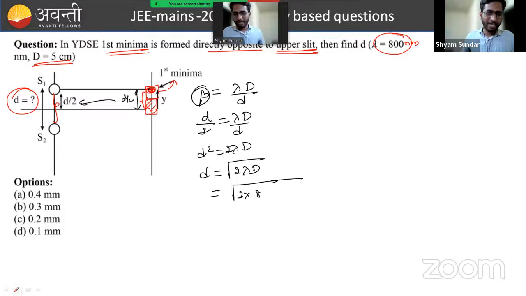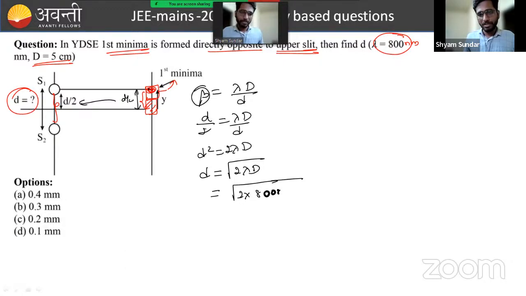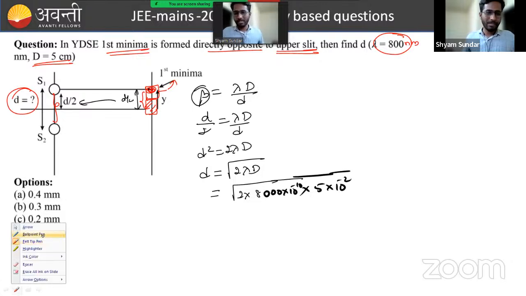It is better to write 8000 angstrom because we can calculate easily. 8000 into 10 to the power of minus 10 into the separation distance 5 into 10 to the power of minus 2, meaning 5 centimeter as given. That's why I converted it to meter. Is it clear up to this point?